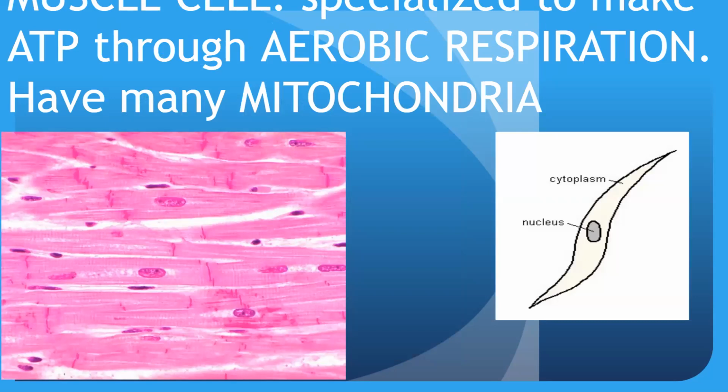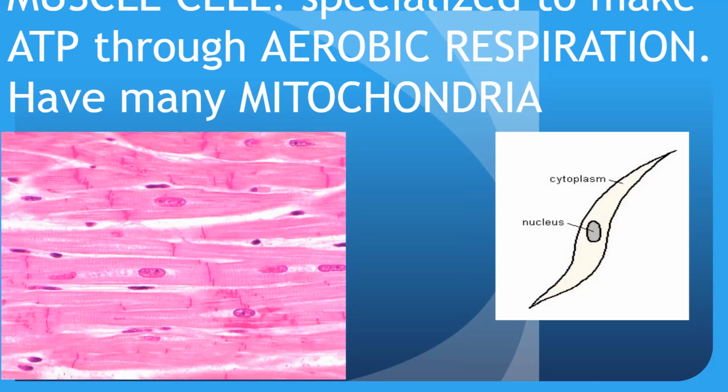Another kind of specialized cell is a muscle cell. Muscle cells are specialized to make ATP through a process called aerobic respiration. So if you listen to my Club Cell song, DJ Mitochondria in my ear, I've never seen so much respiration, meaning that the mitochondria was making, or the DJ was making, so much music and was making everyone produce so much energy through this process called aerobic respiration.